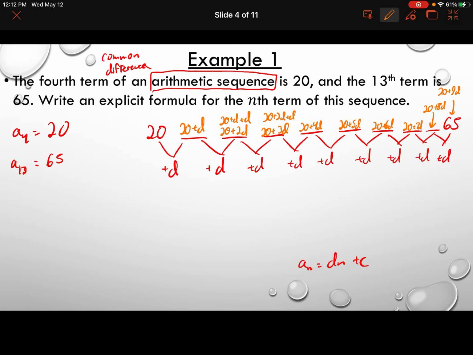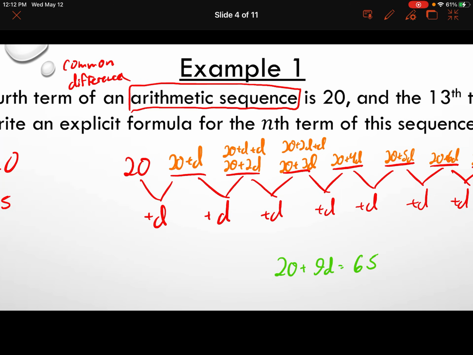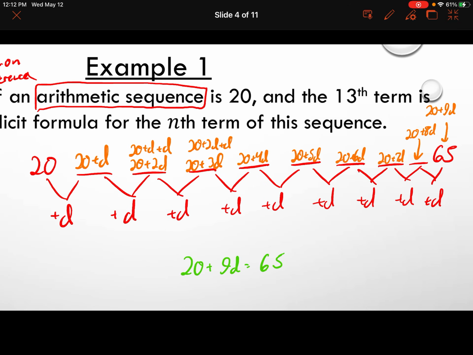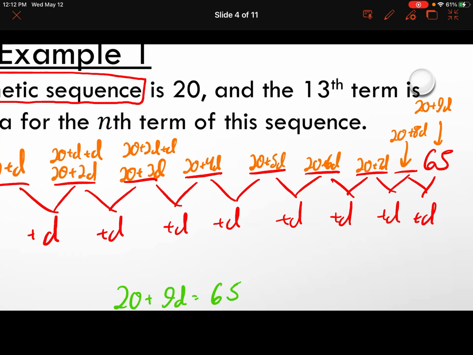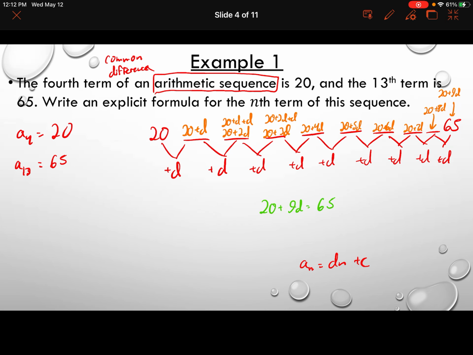Now we can say 20 plus 9D is equal to 65. Because according to this sequence that we just have, we ended up with, in the end, that 20 plus 9D has to equal 65. That has to be true according to our pattern of numbers, our sequence of numbers.